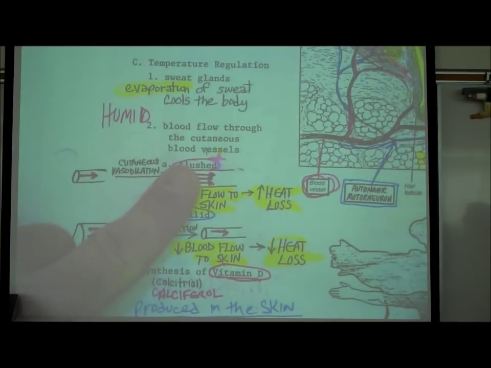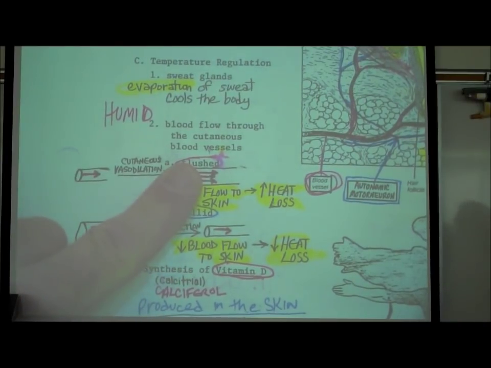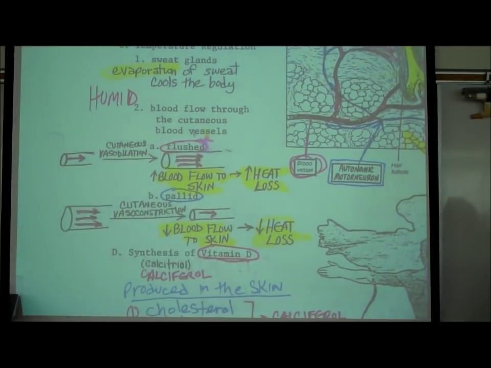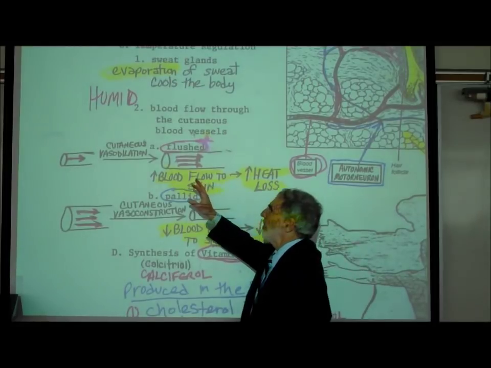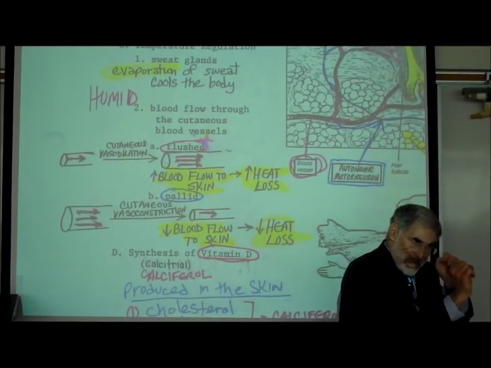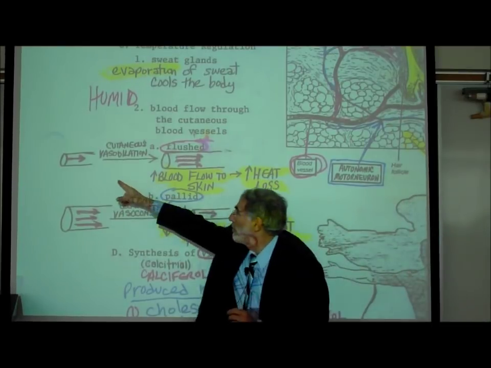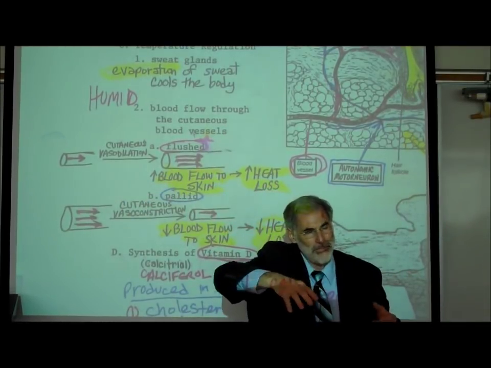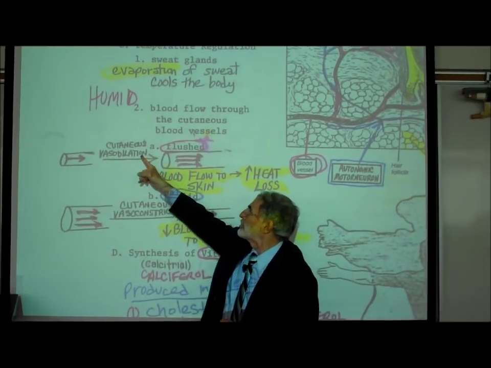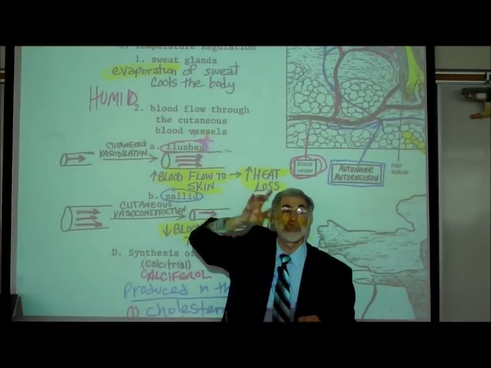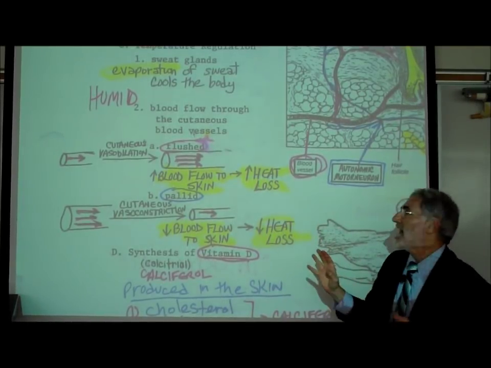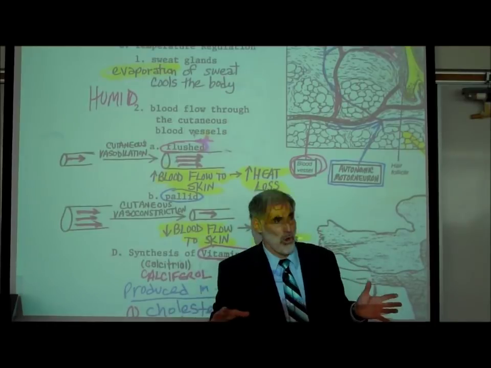A second way that our skin is involved in heat balance is by controlling the flow of blood through the vessels in our skin. Now, many blood vessels everywhere in our body constrict, that means they narrow, or they dilate, they get wider. But specifically, when the vessels in our skin, which are called cutaneous, the word cutaneous means skin, constrict or dilate, that's used to adjust heat loss.